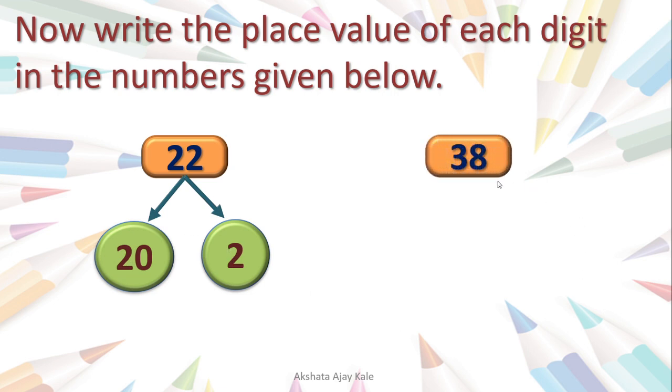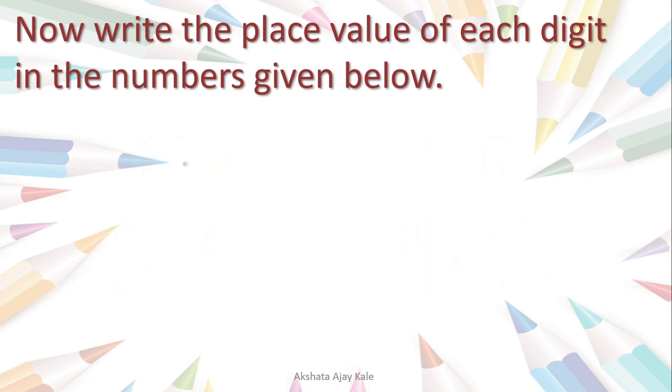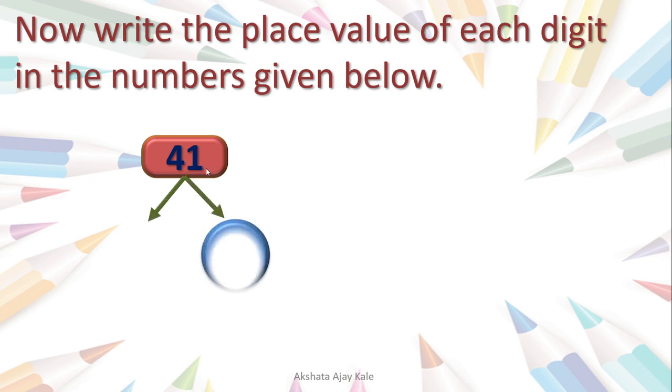38. I hope you understood this also. 8 is in unit place. So the value is only 8. And 3 is in tens place. So the value is 30. Right? Next number 41. 1 is in unit place. So the value is 1. And 4 is in the tens place.